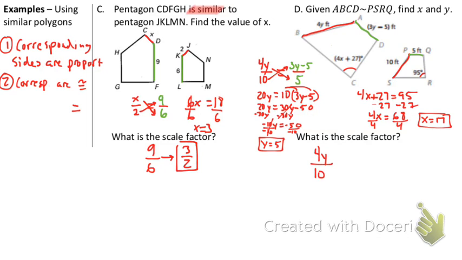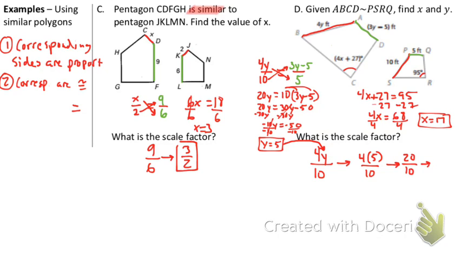The problem with this is not the scale factor, but we have enough information to figure out the scale factor. If you look, I know what y is. So y is actually going to get plugged in, and 5 is going to get plugged in there. So my scale factor is really 4 times 5 over 10. And if we do this math correctly, we get 20 over 10.